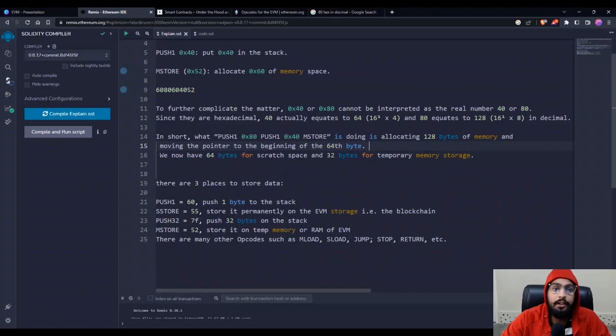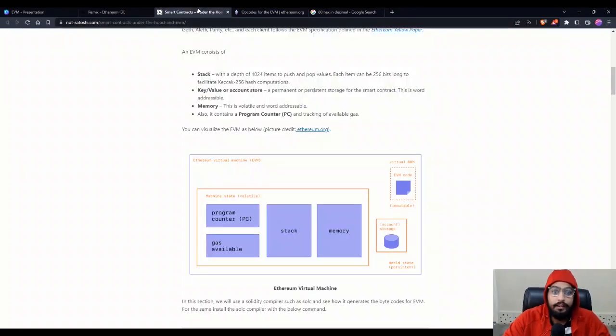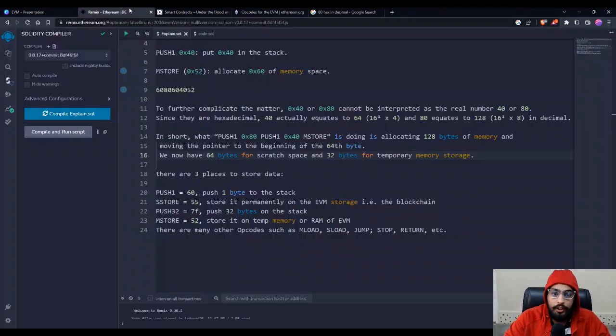And again, there are 3 places to store the data. We have already discussed this in the architecture of the EVM, but let's discuss it again with our opcodes. The first is push1. Push1 pushes 1 byte to the stack, right? So there is again the architecture of our EVM. So what it does is basically pushing 1 byte to the stack.